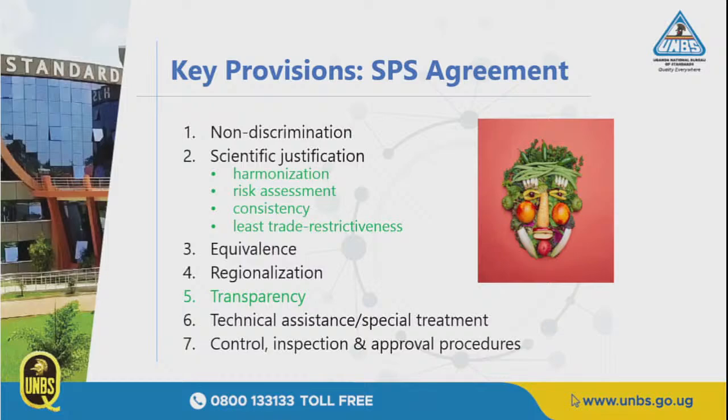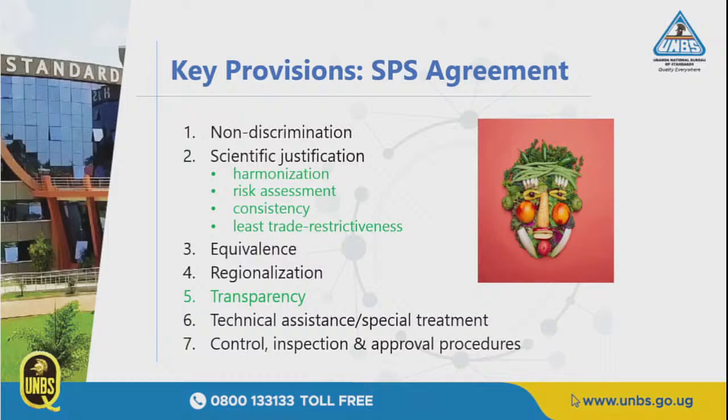The third requirement is that once another WTO member has submitted written comments on our draft SPS measure, then we are obliged to respond to the written comments and also explain how we are going to take the comments into account when we are finalizing the draft SPS measures.